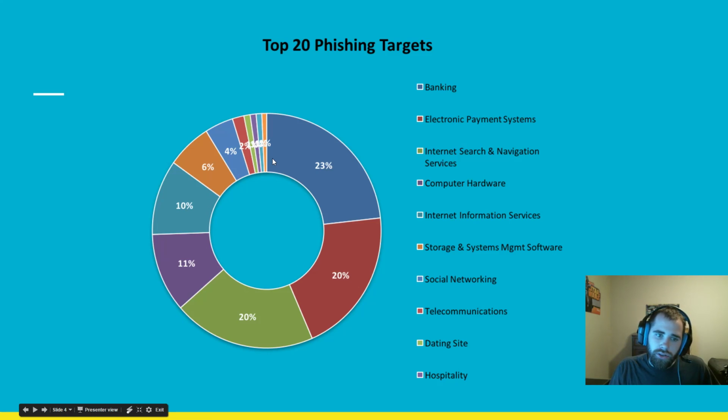And then we start dwindling down the smaller stuff like computer hardware, internet information services, storage and systems management software, social networking, which I'm sure that'll be getting bigger, telecommunications, over the phone, dating websites and apps, and hospitality.